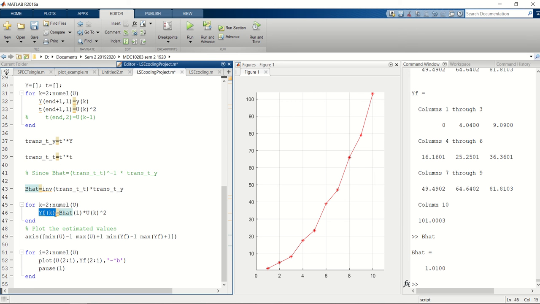So we know that for the plotting of y final, if we have b hat, the m, around 1, and then times x squared, it will be a curve, right?